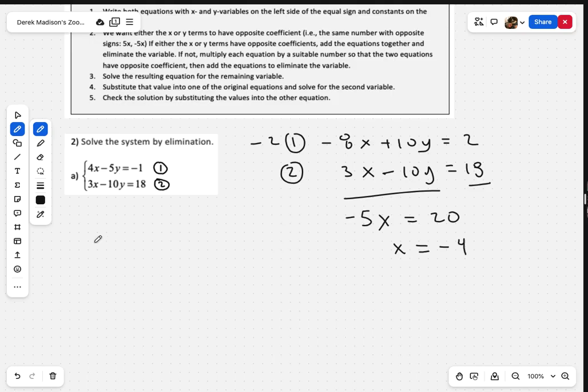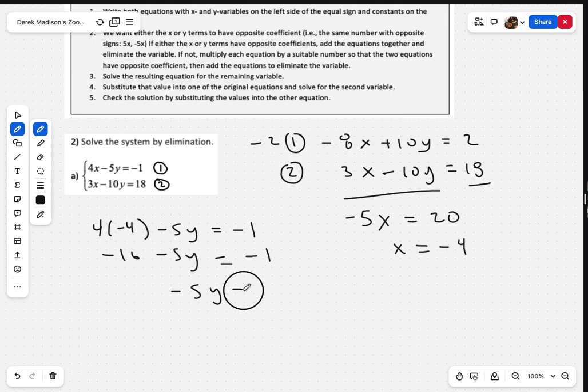So I arbitrarily picked the first one, so I'm going to go 4 times negative 4 minus 5y equals negative 1. So that'd be negative 16 minus 5y equals negative 1. Add the 16 over. Negative 5y would equal 15, and y is going to be negative 3. So the solution set is negative 4 and negative 3.